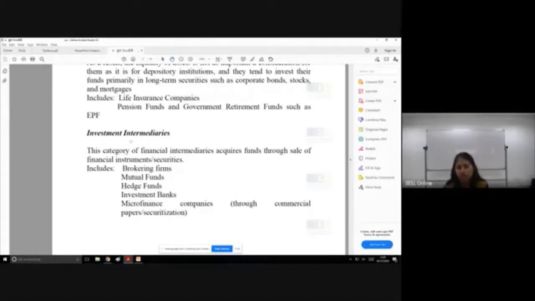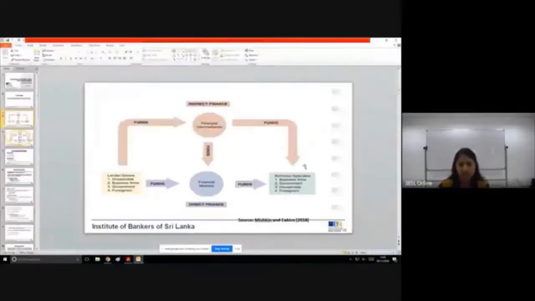What they do is they will structure or create the financial instrument. Now, the deficit unit needs funds, right? So for them to get funds from the market, they will have to issue a financial instrument. Okay, so let's move to our diagram. You have the deficit unit here.